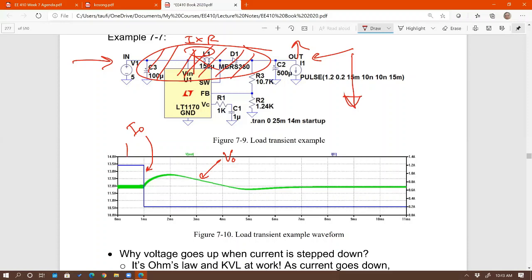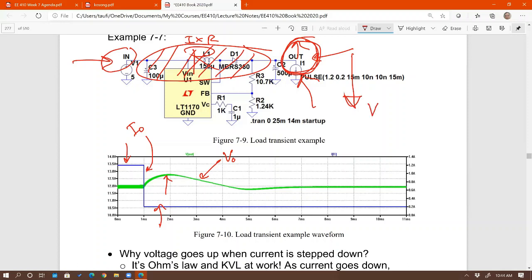Look, I goes from here to here. Step down. Oh, okay. Yeah, you are stepping down the current, this output current right here. So as a result, the drop between input and output will be less as well. Because the drop between input and output goes down, then of course for the same input voltage, output voltage goes high, right there. Okay, thank you.